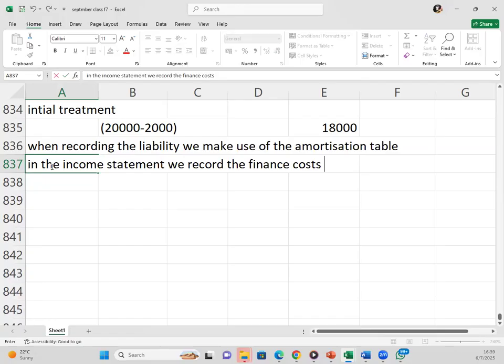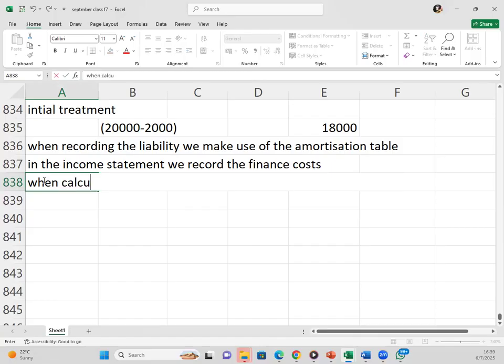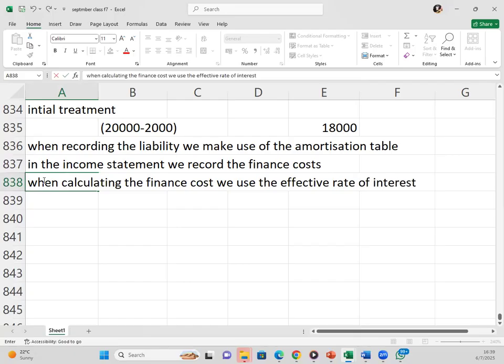We have no fair value gain again, so we record the finance costs. In calculating the finance cost, we use the effective rate of interest, or effective interest rate.